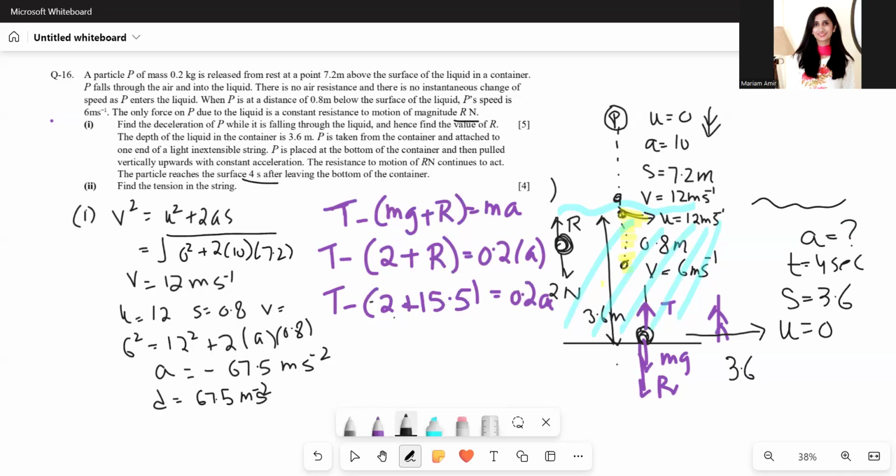So 3.6 is equal to UT plus half AT square. Solve this, get the value of A. 3.6 into 2 divided by 16, getting 0.45 as A, in meters per second square.